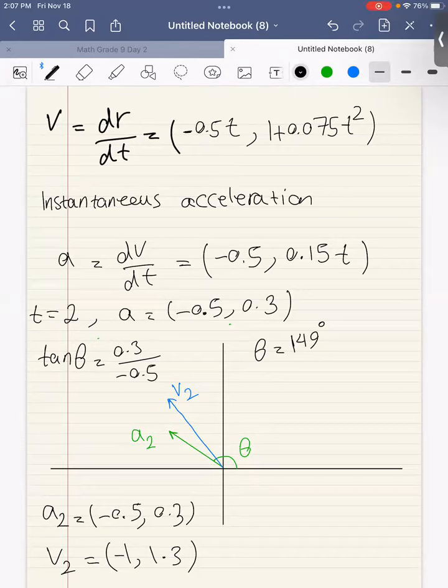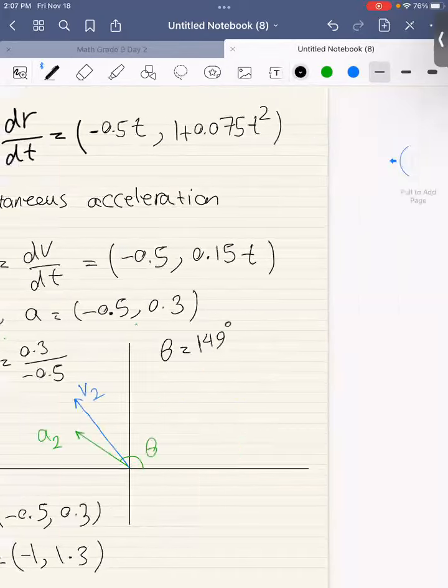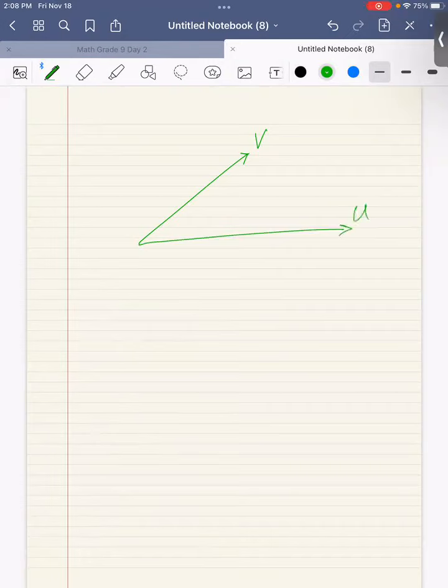Let me explain this to you. In general, forget about acceleration and velocity. If you have two vectors on the plane, say this vector v and this vector u, then with respect to u, v has two components.